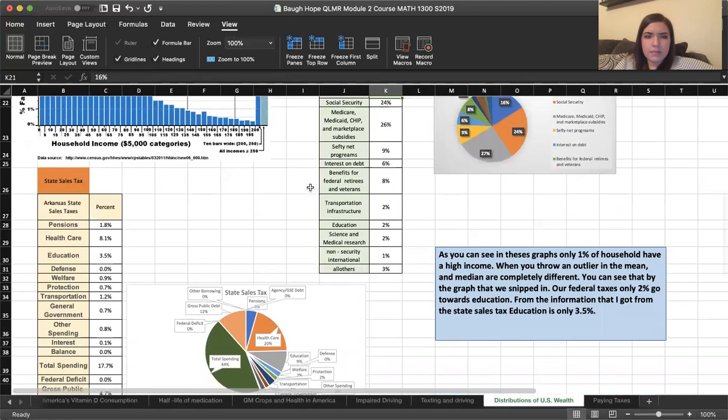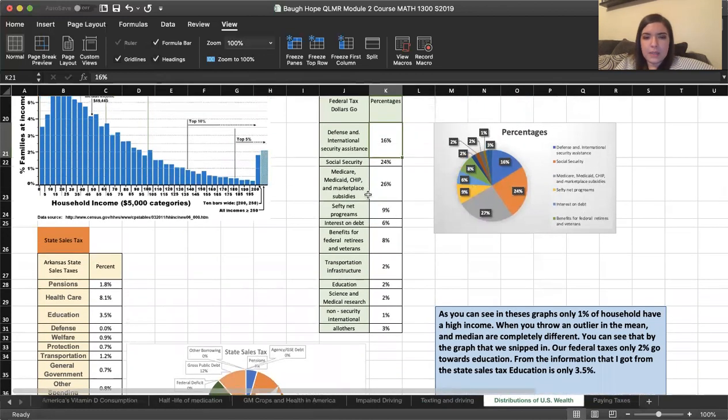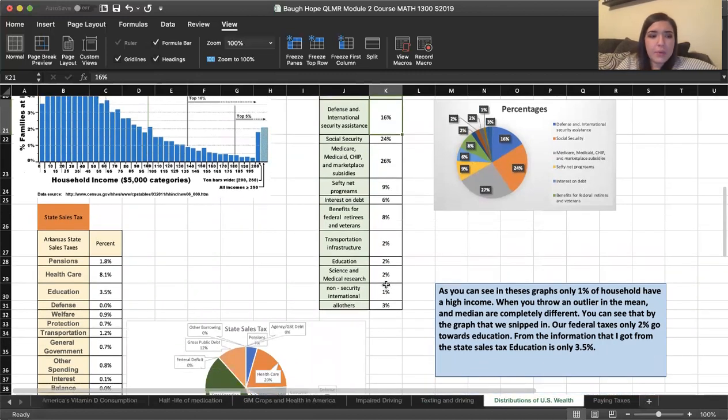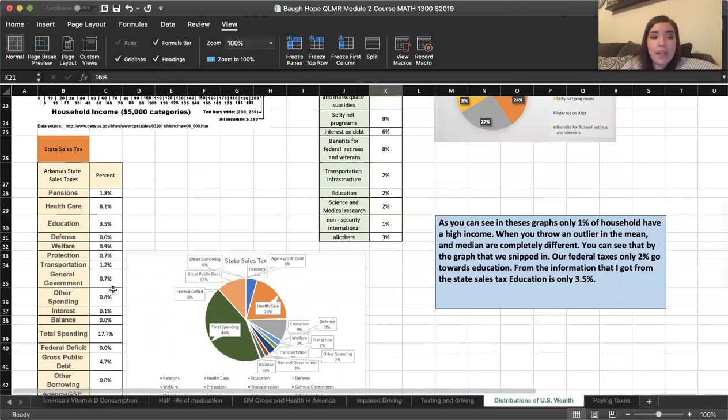Our instructor said something about the education only being 2% here. So whenever I went to look up the state sales tax, I assume this is right, but it only shows that it's 3.5%. So it's just slightly more in our state than our federal going towards education.